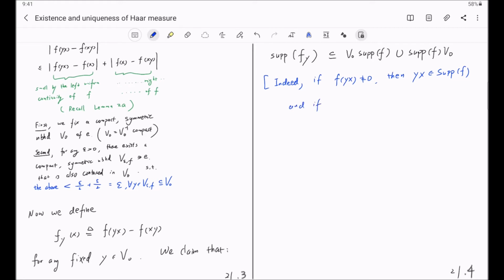And if f of xy is not zero, then xy must be in the support of f. So if f sub y of x is not zero, then at least one of those two things must happen.